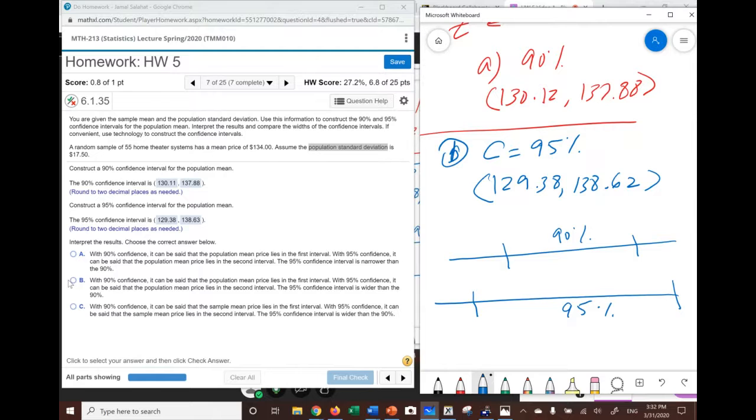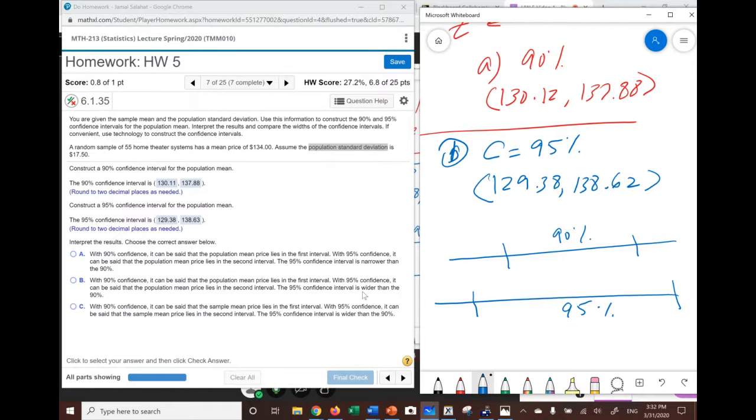What about B? With 90% confidence, it can be said that the population mean price lies in the first interval. With 95%, it can be said that the population mean price lies in the second interval. The 95% confidence interval is wider. That is true.